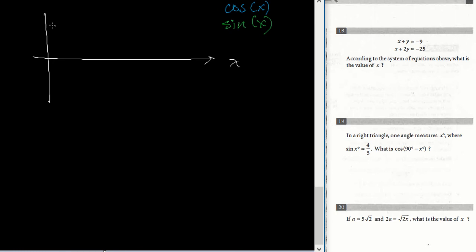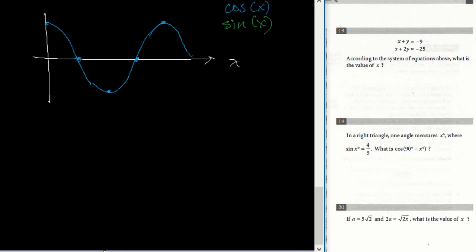So cosine of 0 is 1, cosine of 90 is 0, cosine of 180 is negative 1, then back up to 0 at 270, and then we go back to 1 at 360, right? So it looks something like this. And it's periodic, so it continues along this pattern, right?